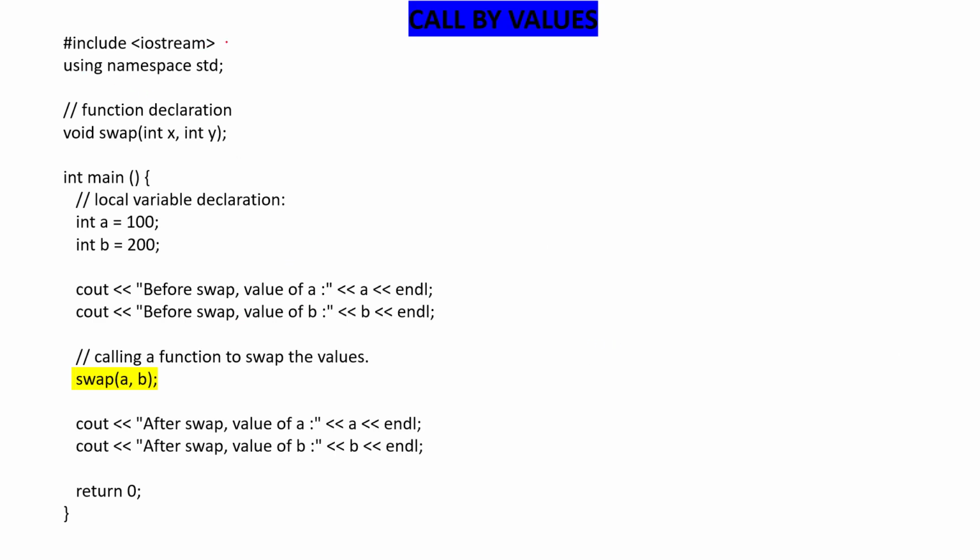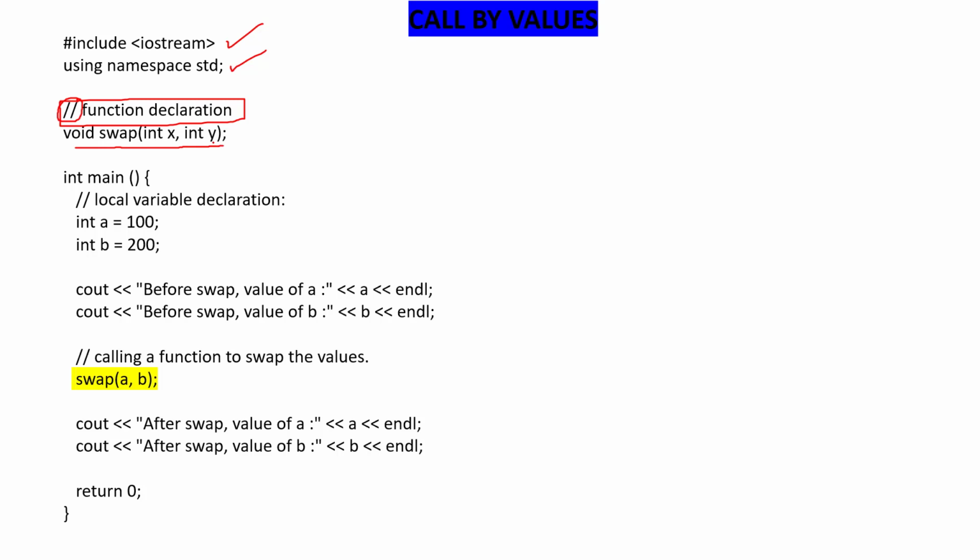You see the problem. #include <iostream>, using namespace std, ending with the semicolon. Function declaration: this won't be read by the compiler, this is only for the user to know, as it is with the double forward slash. This is read by the compiler: void swap(int x, int y).